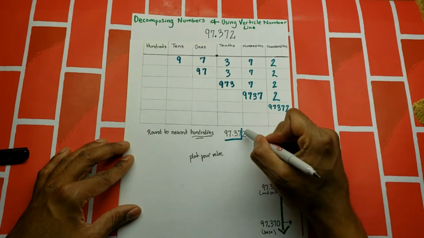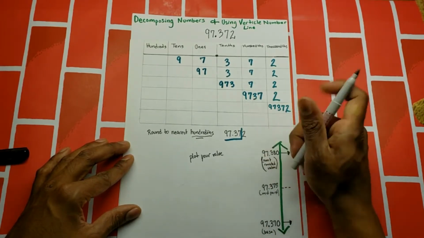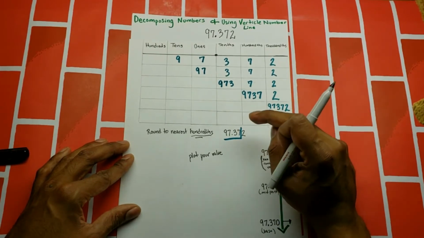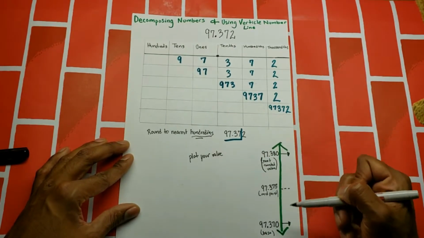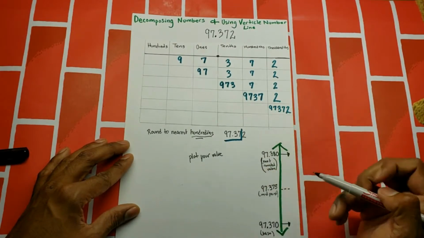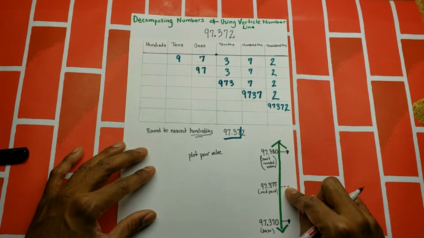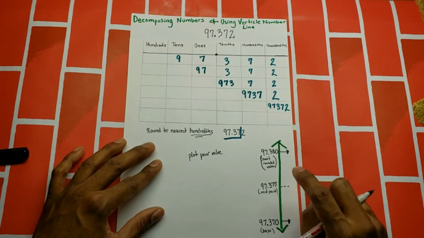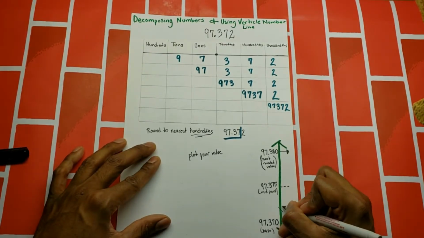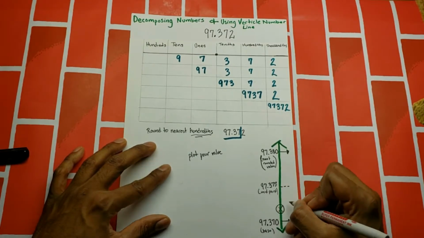And since we are rounding to the nearest hundredths, we need to look at the thousandths. So on my number line, I'm going to plot where 97.372 would be. I use my midway point as my reference, and I know that 72 is less than 75.